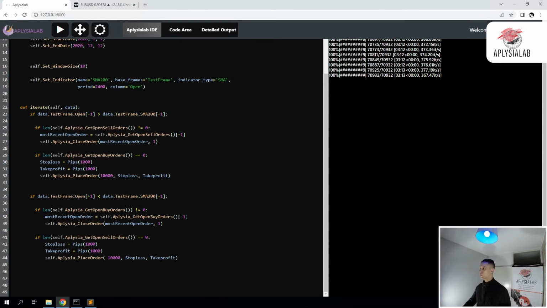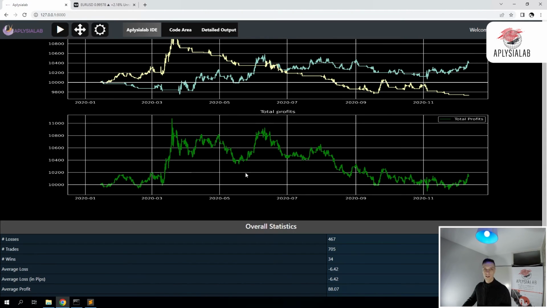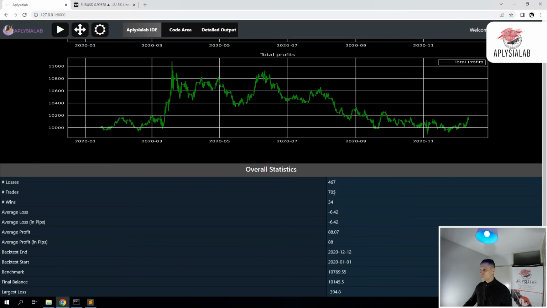Okay, we're back. The backtest is done. Let's have a look at the results this time. Looks very similar to last time, but actually the performance looks even worse. It's actually losing more money than before. Of course, I do still think probably over time it ends up being 50-50 as well. So we had mostly losses and a few wins, but the wins were significantly bigger than the losses.